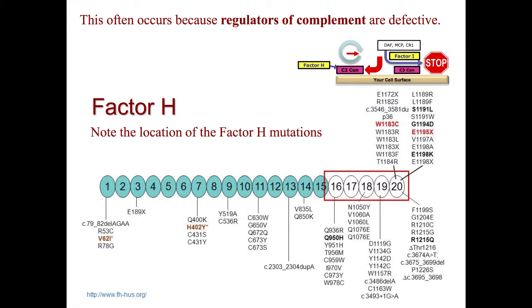So here's an example of factor H. Factor H, as Linda knows, is a necklace, a pearl necklace with 4 white pearls at the end and 16 black pearls.